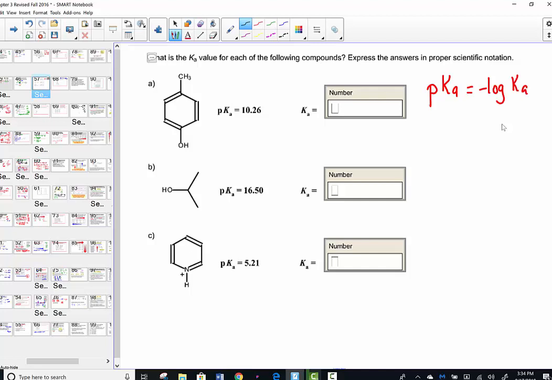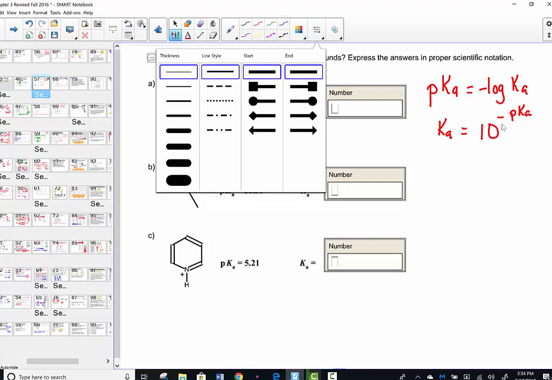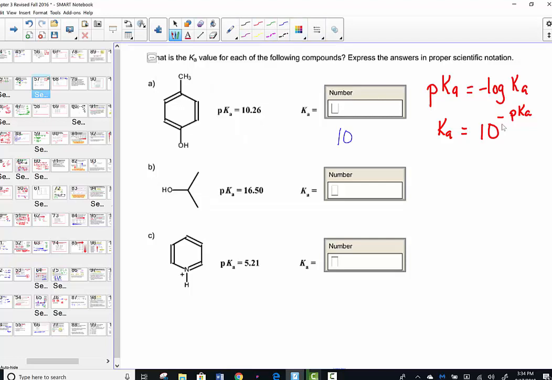So therefore, Ka is 10 raised to the negative pKa constant. Just to help us remind ourselves, P, negative log, well, that's powers of 10. So as you work to solve these expressions, you're simply looking to put 10 raised to the negative pKa.